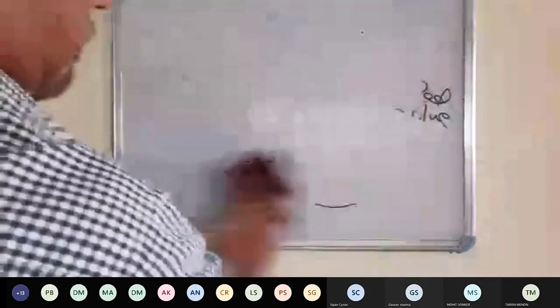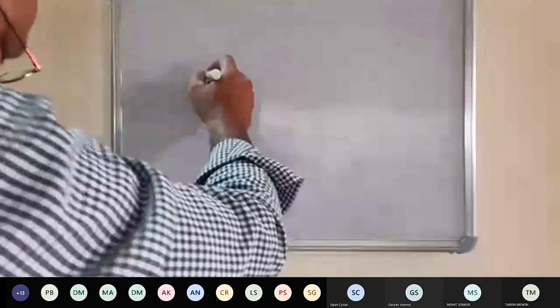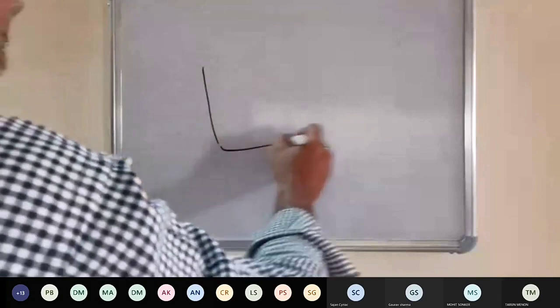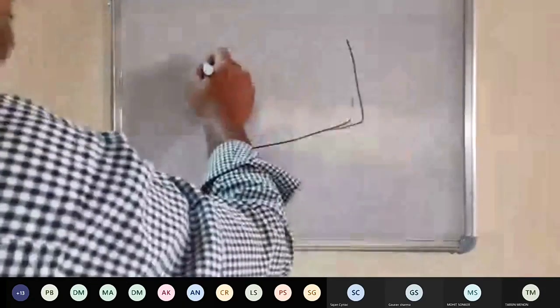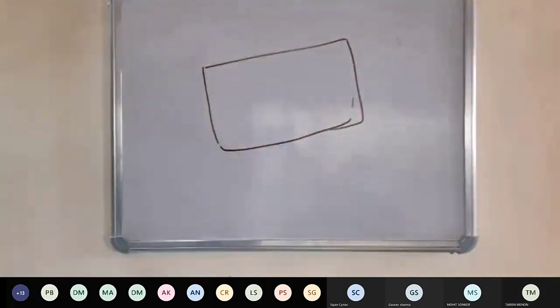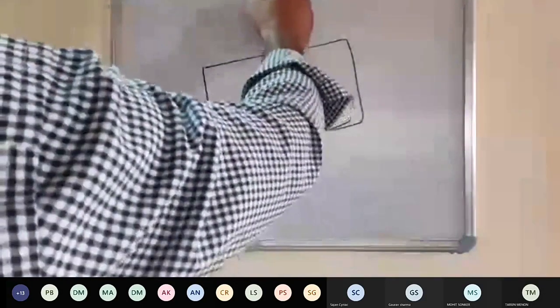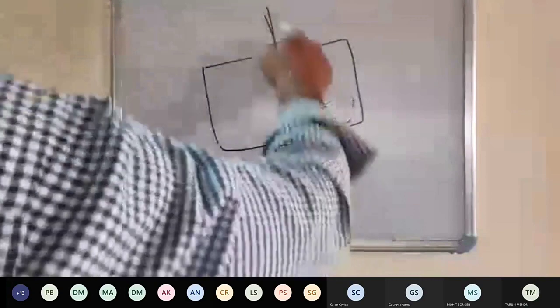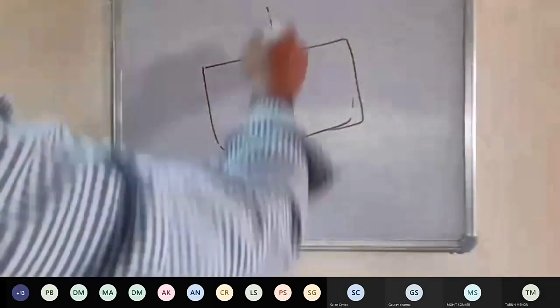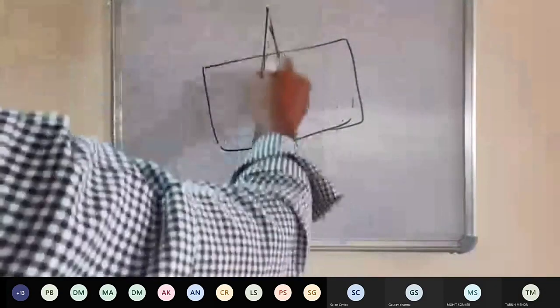So what we call the angle of heel. Suppose the ship is heeled to one side, which is the port side. The forward or the center line through the ship is like this, and the vertical is this.